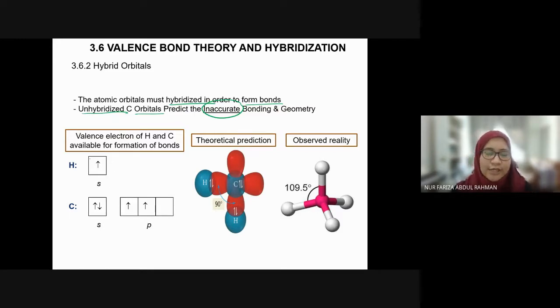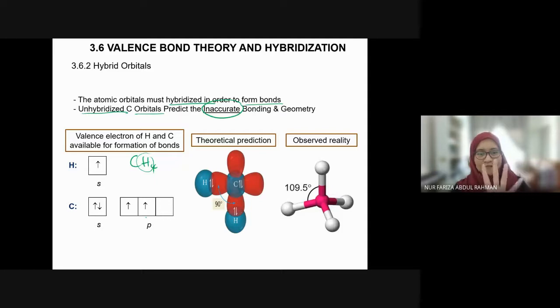Contohlah, cuba tengok. Okay, we have CH4 guys. We know that C requires 4 more electron. Therefore, that's why dia kena combine, dia kena share dengan 4 hydrogen. Betul tak? So, by right, carbon tu kena provide 4 unpaired electron.